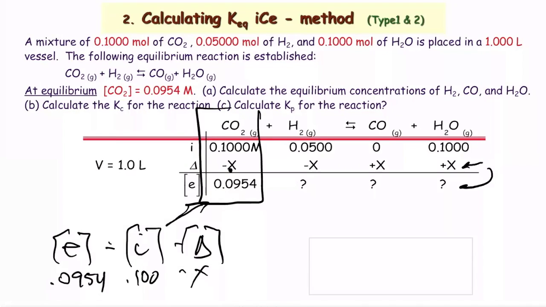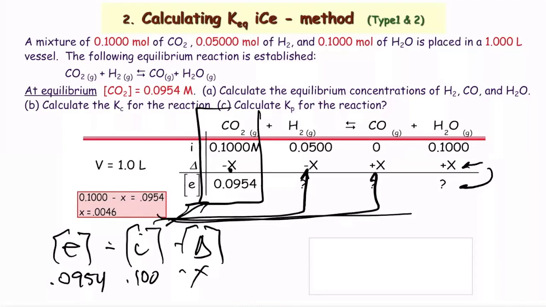So we can solve for X in this problem, and that X value, you can see right here, is 0.0046. That X is the same for this and for that, because they all are related based on the stoichiometry. So once we know what X is, then we can carry out the math.